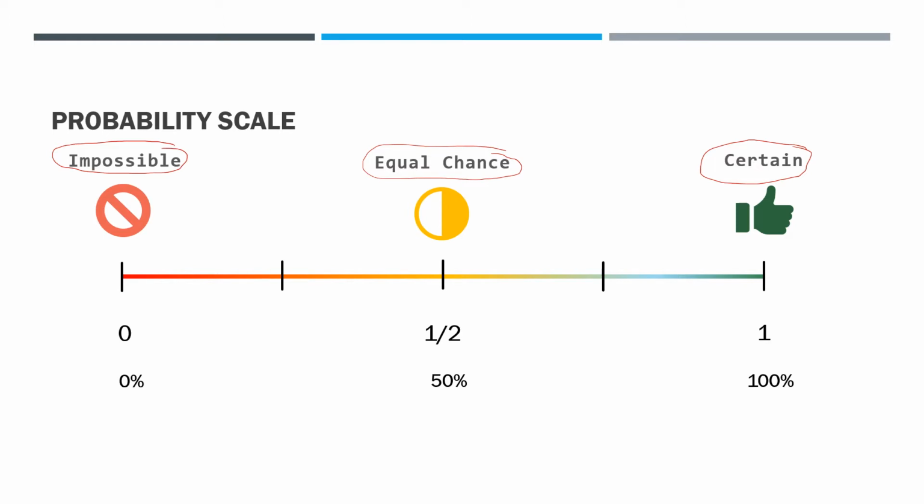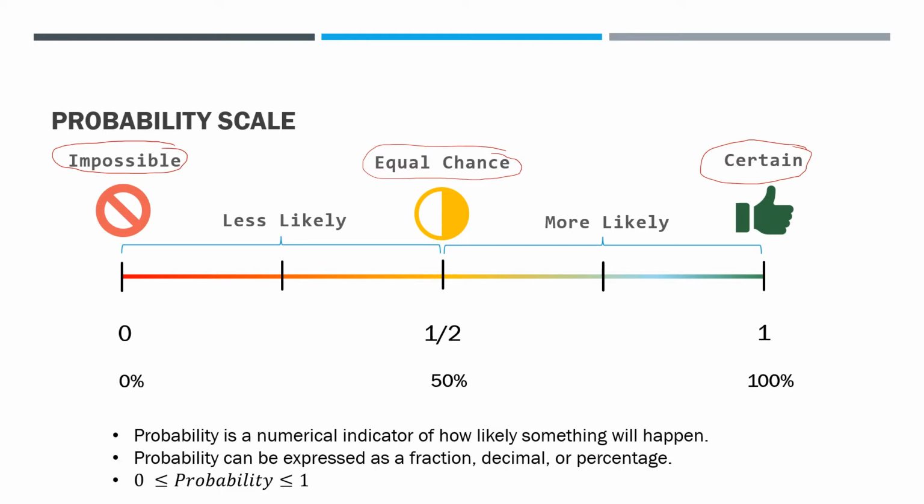Any event which has less than 50% probability is less likely to happen. Any event which has more than 50% probability, more than 1 by 2, is more likely to happen. So what did we learn so far? Probability is a numerical indicator of how likely something will happen.